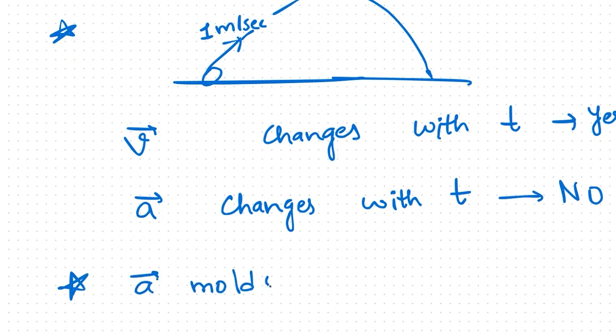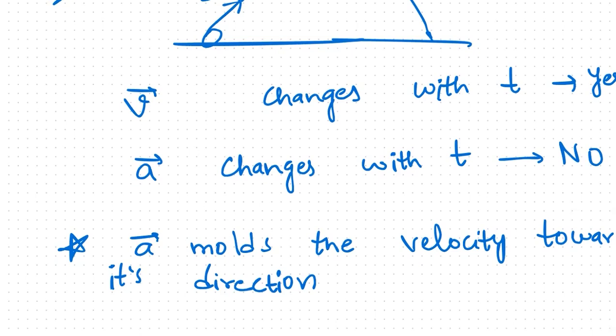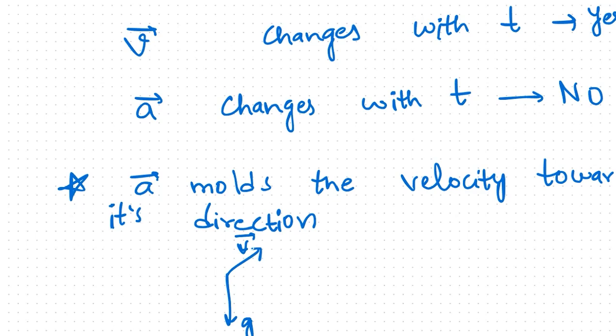Acceleration molds the velocity or the path towards its direction. This molded path is projectile. Acceleration is like this. If you give initial velocity like this, it will go up, it will fall down. This path is projectile.